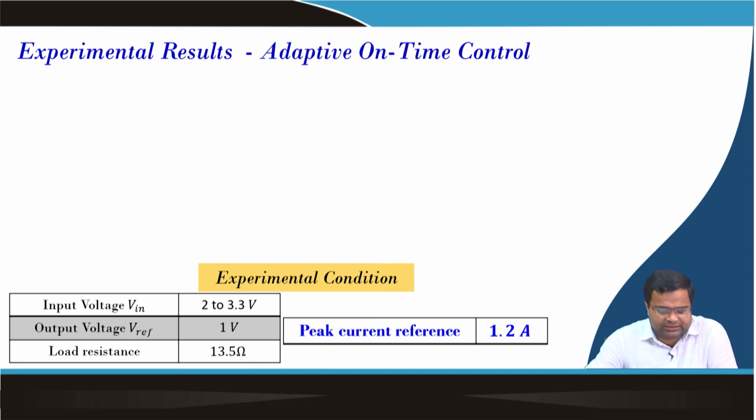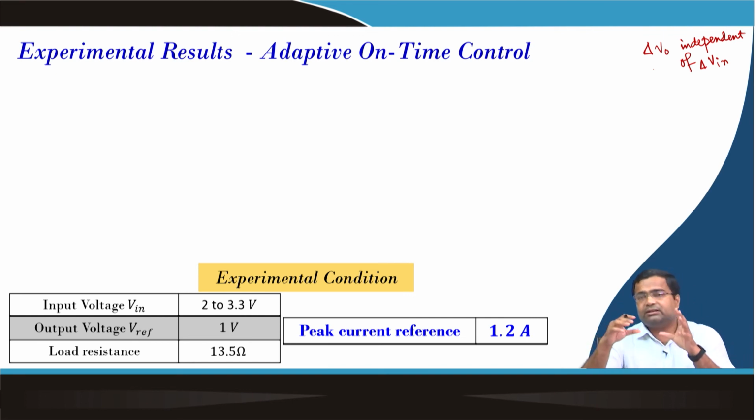In the experimental condition, we are varying the input voltage, and what we expect is that the output voltage ripple will be more or less independent of the input voltage variation, delta V.